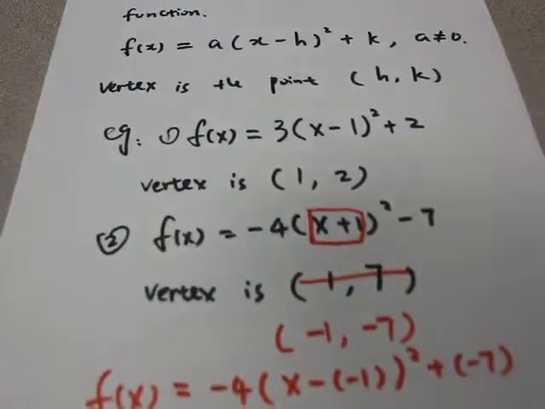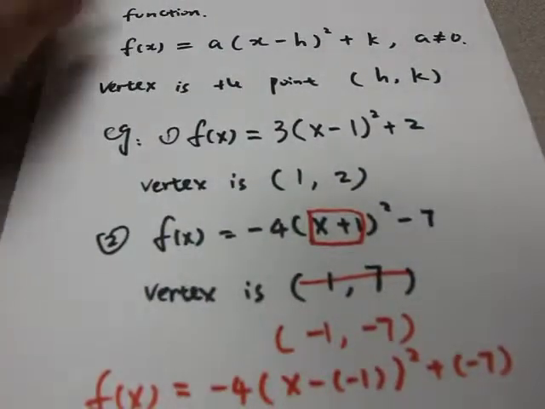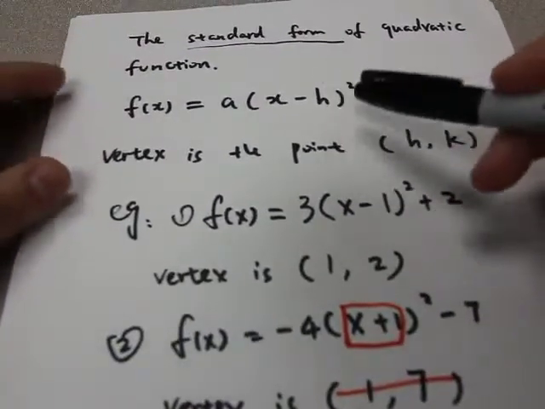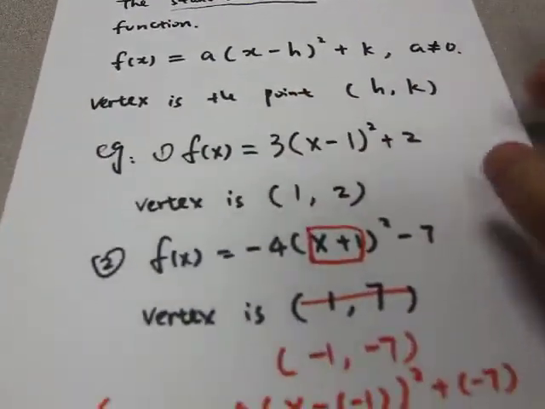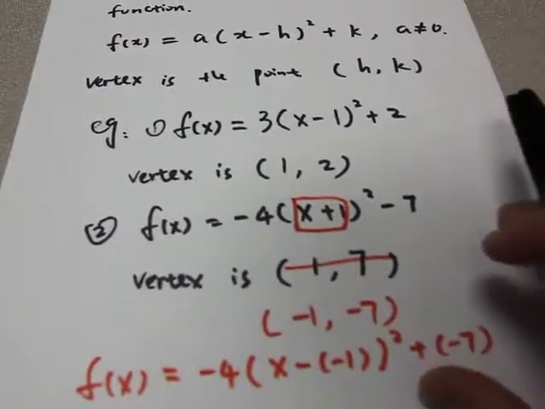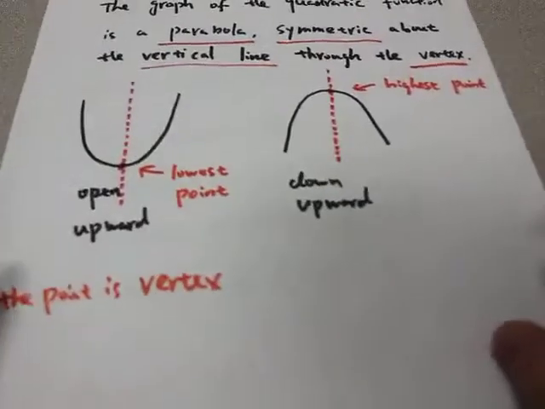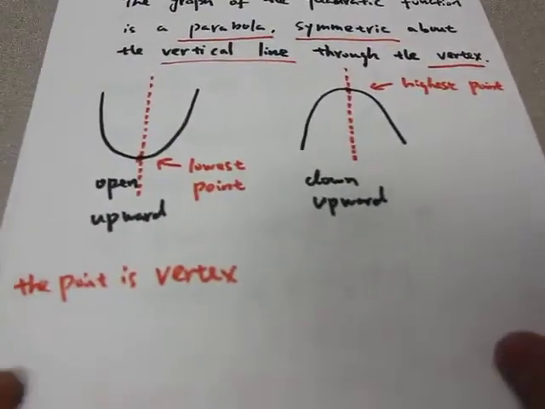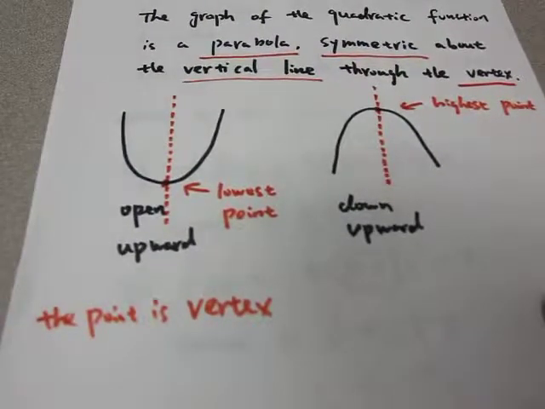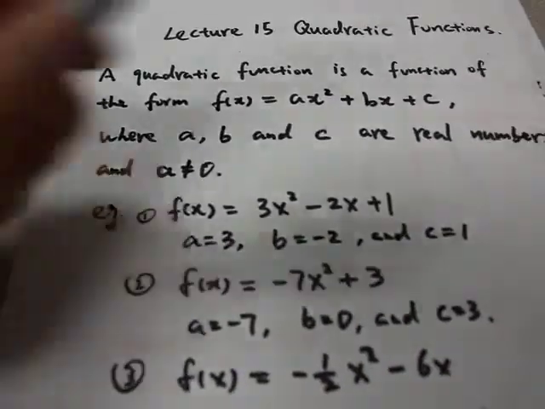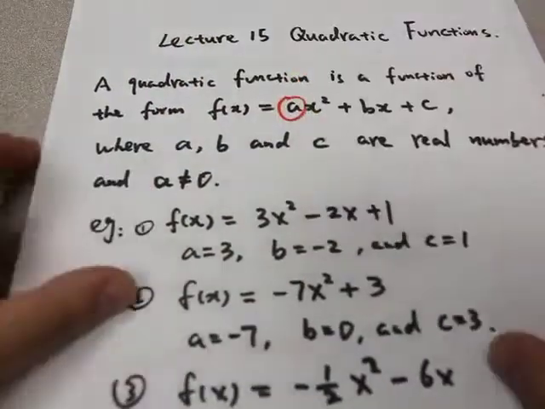Okay, good. Now we can tell, when the equation is given in the standard form, what the vertex is. And then how can we tell if the graph opens up or opens down? Actually, we can tell this by looking at the value of a.